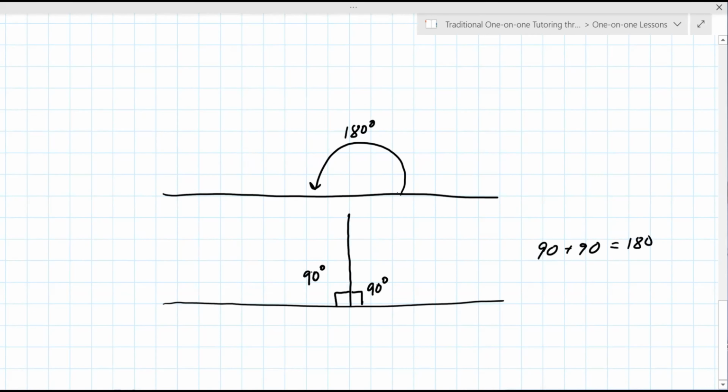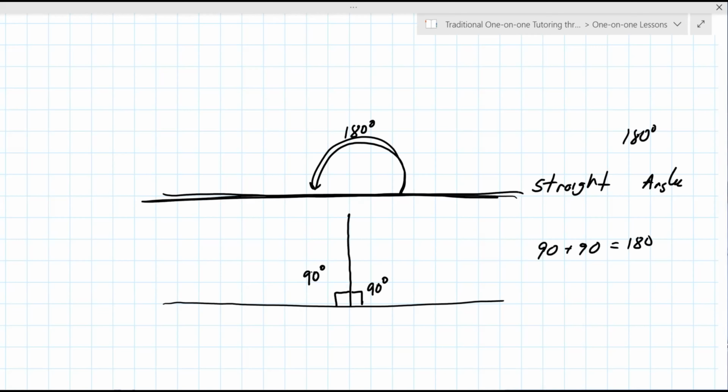It has to be, because the whole thing, what's called a straight angle, is 180 degrees. Can angles be in geometry in 10th grade? Yes, you'll see this probably in September.